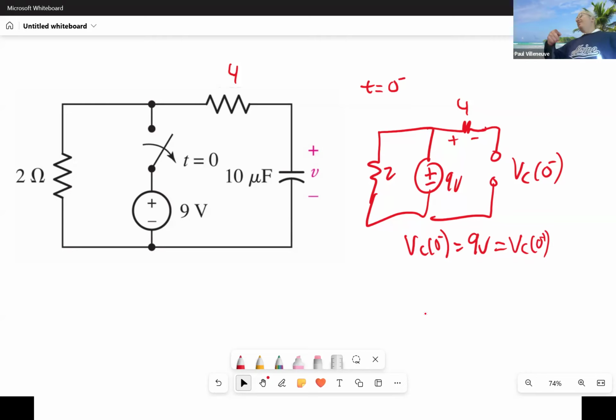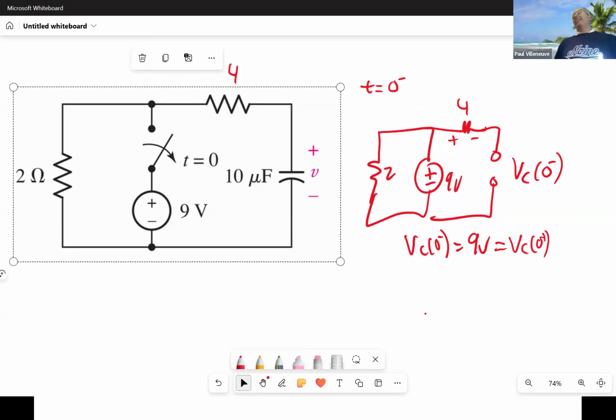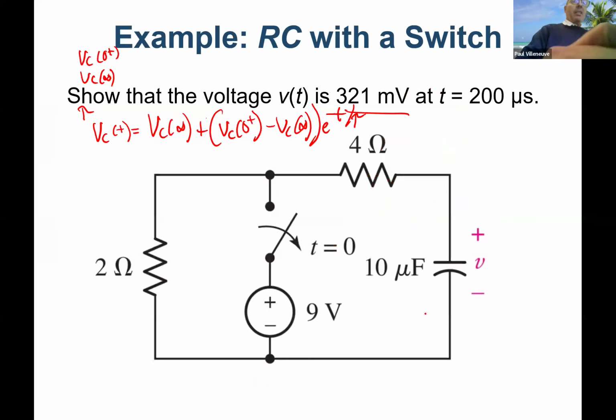So that's why I need to know T at 0 minus and T at 0 plus, because at 0 plus, that power supply is out of the picture, right? That's just after the switch's transition, where at 0 minus, it's in the circuit, and the capacitor is fully charged. So the first thing I've done is I've got Vc of 0 plus.